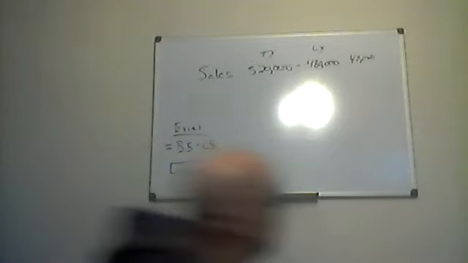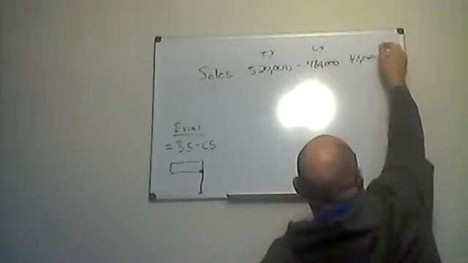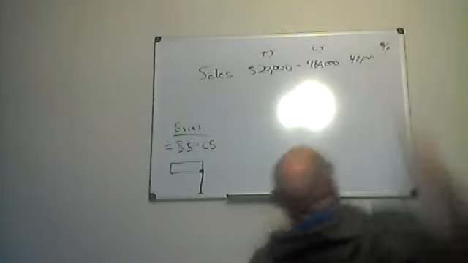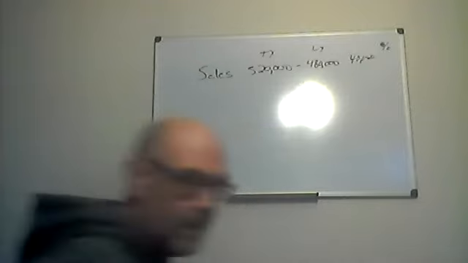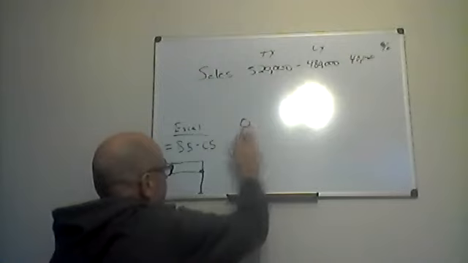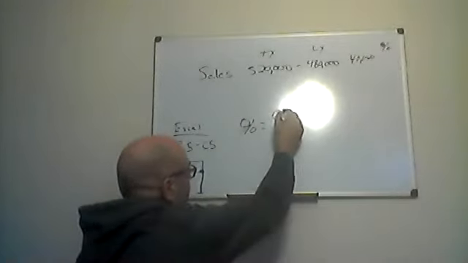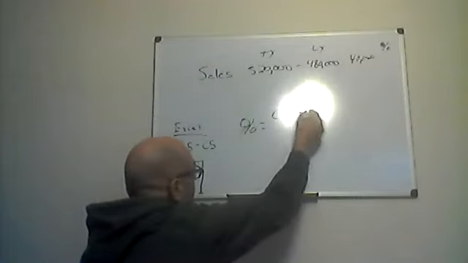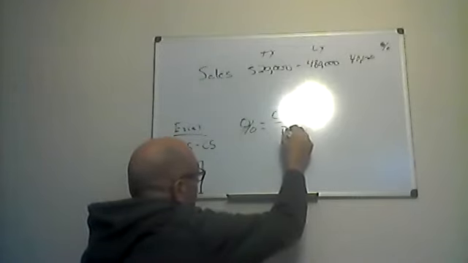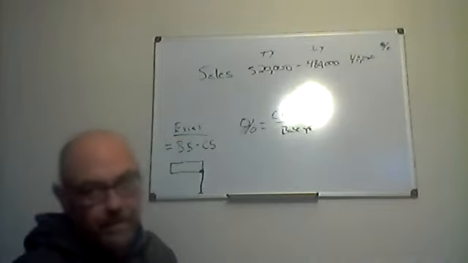The next line over is our percent mark. In order to find our percent, we're going to take the amount that was changed and divide it by our base year.